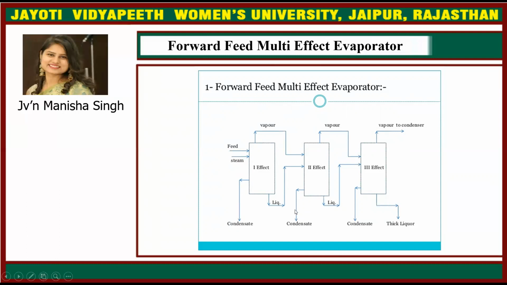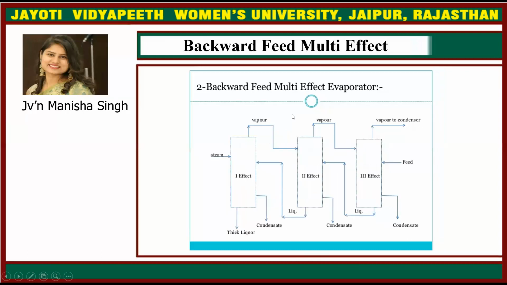Then the condensate is extracted out, and the liquid remaining from the second effect is passed on to the third effect, and there we extract the thick liquor or the condensate. Vapors of the second effect are used as a source of heating in the third effect, and vapors go to the condenser, where they are condensed out. Okay, this is the forward feed multi-effect evaporator.